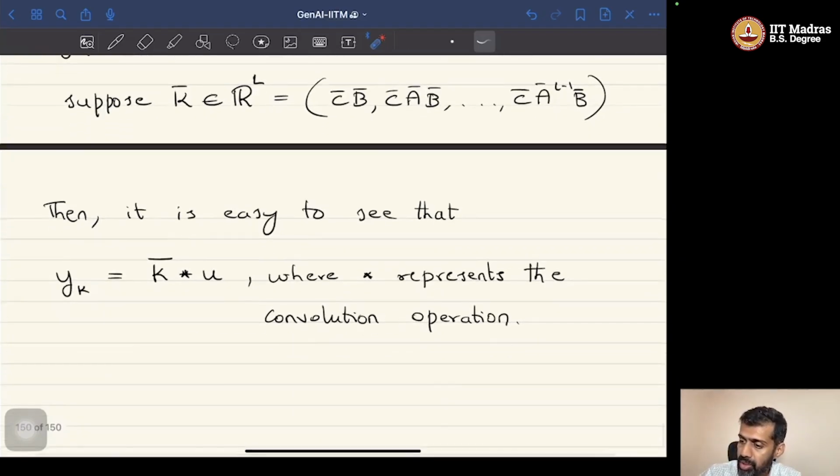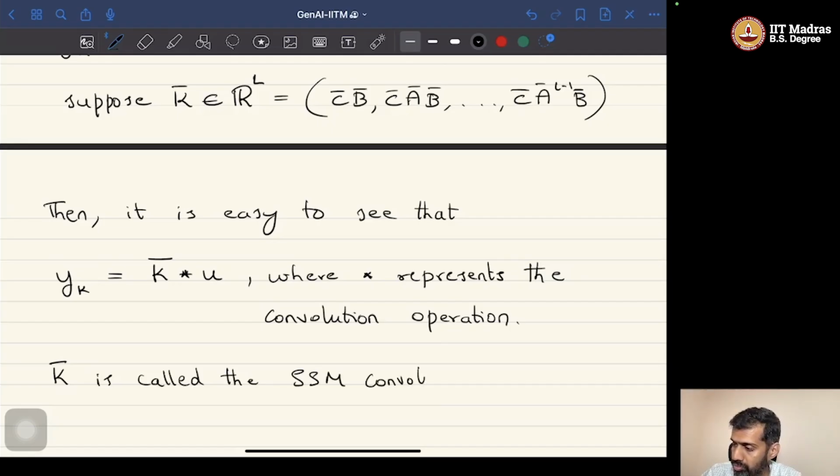Now this K bar is called the SSM convolutional kernel or filter.